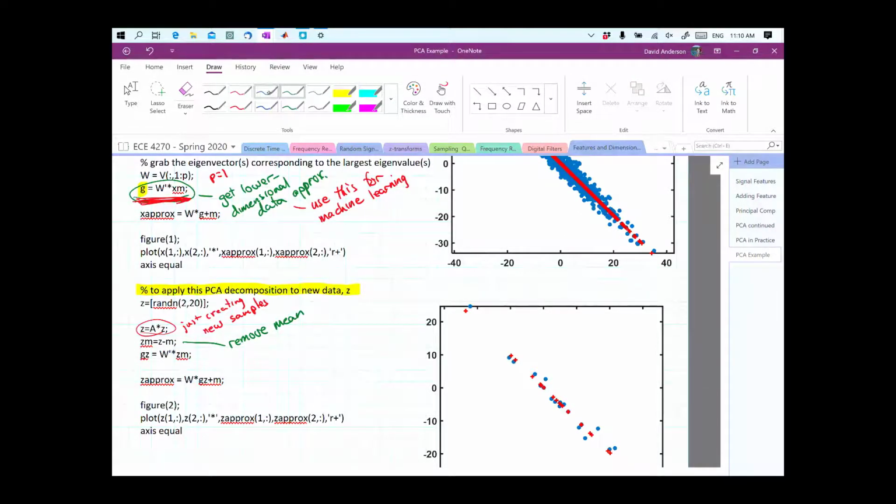Now, we're just about done. Project data into lower dimension using our previously obtained W matrix. There. Now we have our lower dimensional approximation. I've gone ahead and projected that approximation back into our original space, as we did before in the next line, and plotted it over here on the right.